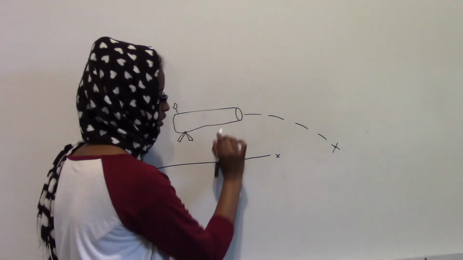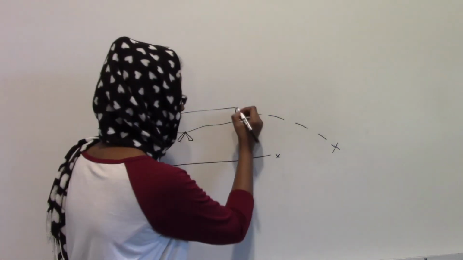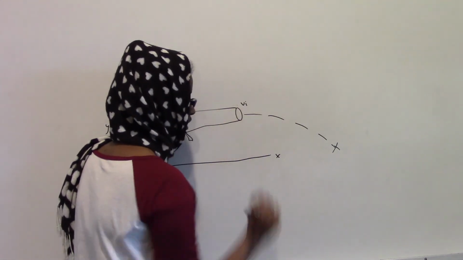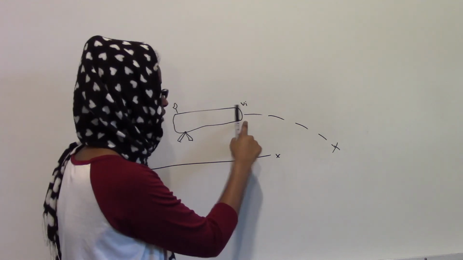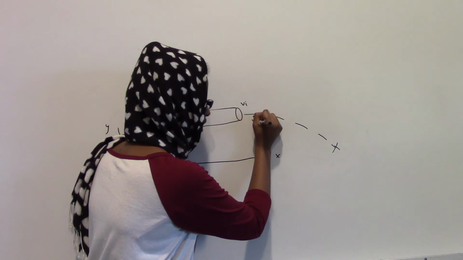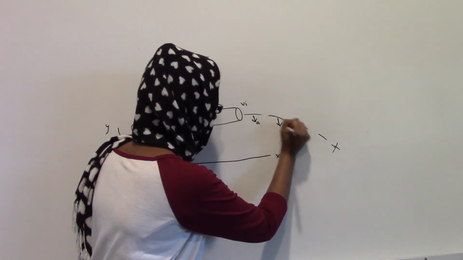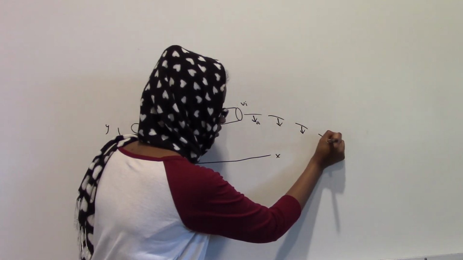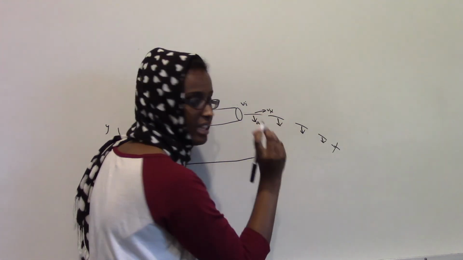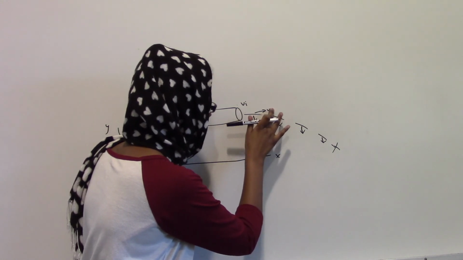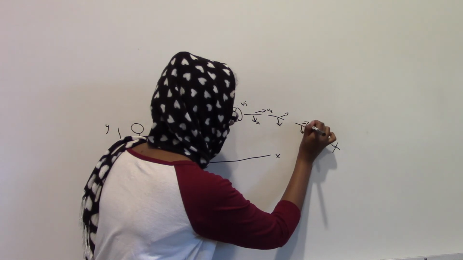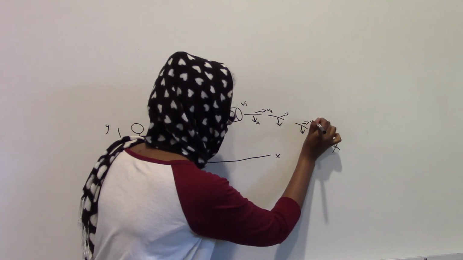As soon as I launch it, because I'm launching it straight horizontal, the only thing it has is V initial, and as soon as it leaves this cannon, the only thing acting on it, again, is gravity. It's just getting pulled down. This acceleration is getting pulled down. And then it just has a horizontal velocity because that's the only component I gave it. And it's tangent to the motion. And these are all equal length.